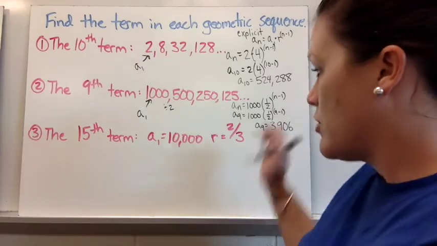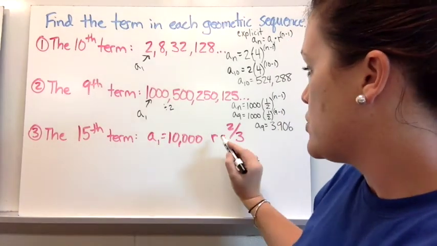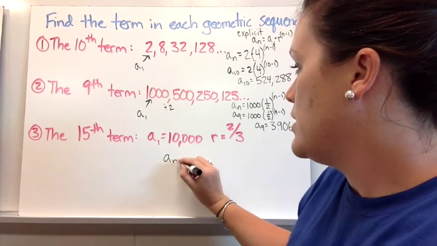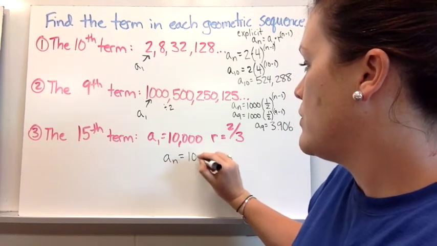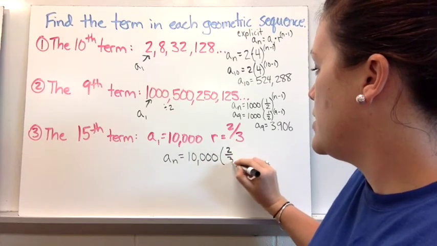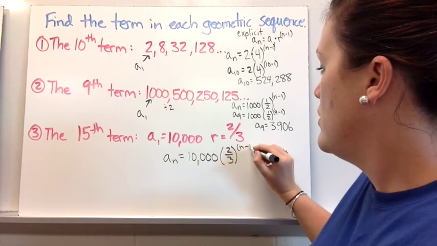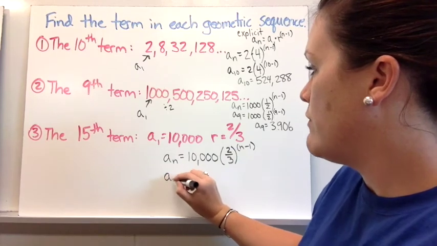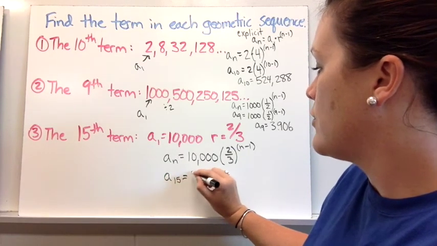The 15th term in this sequence, they gave us the first term and the ratio. So we can go right to the explicit form and put the first term, put in the ratio. We've got n minus 1, so we want to find the 15th term.